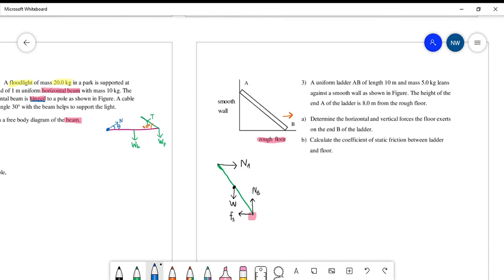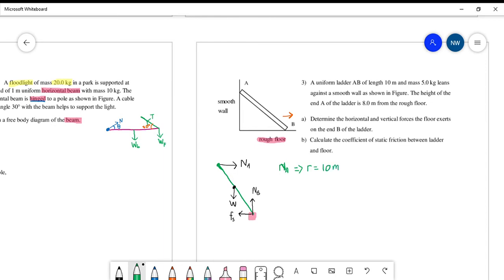Okay, so first kita kena determine dulu dia punya distance kan. Okay, so distance untuk NA ni, okay, normal. Distance daripada pivot point yang warna pink ni would be equals to the length lah daripada sini sampai ke pivot point. Okay, dia adalah 10 meter sebab ladder ni panjang dia 10 meter.